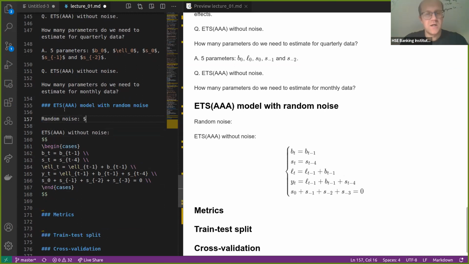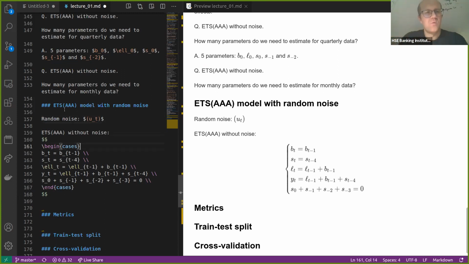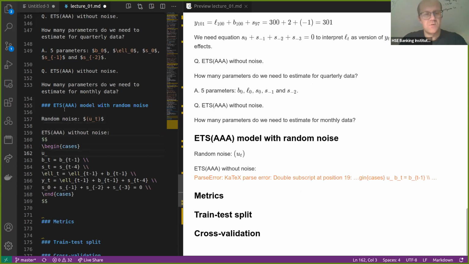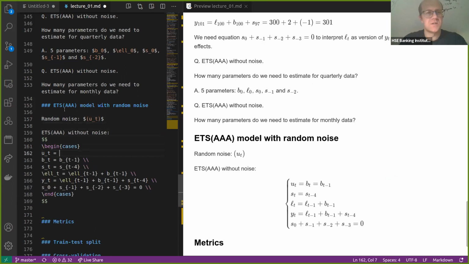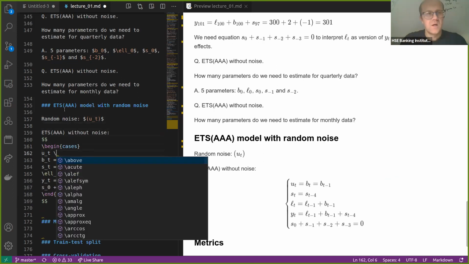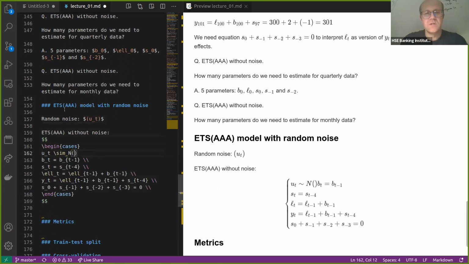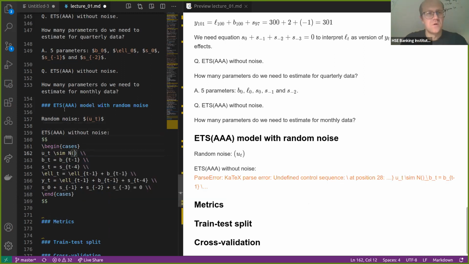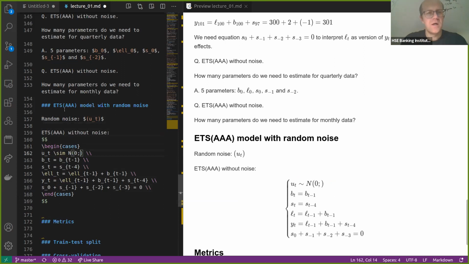We'll denote it by UT. And we will assume a little bit more. It will be white noise, but we will make more assumptions. What will be the assumptions? First, we will say that UT has a normal distribution with mean 0 and variance sigma squared u.